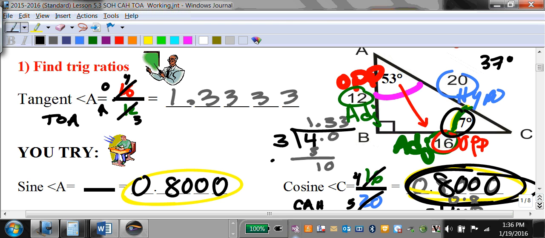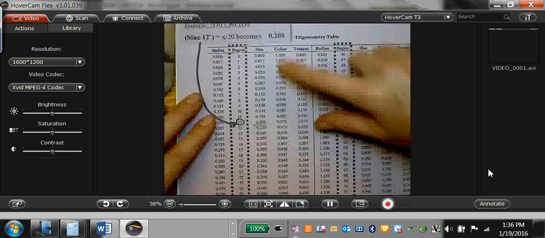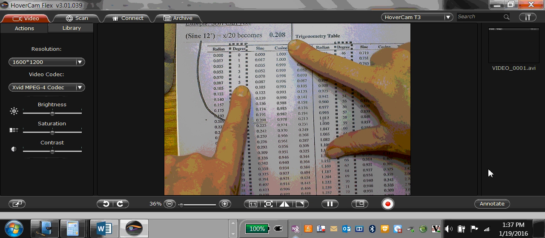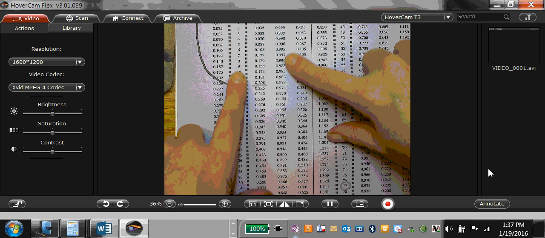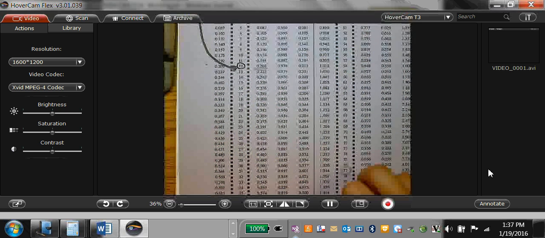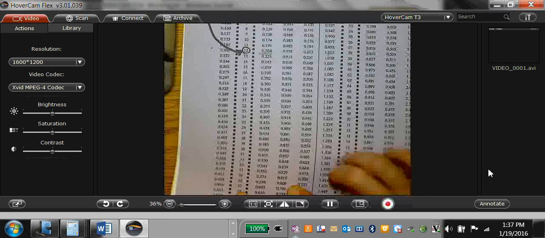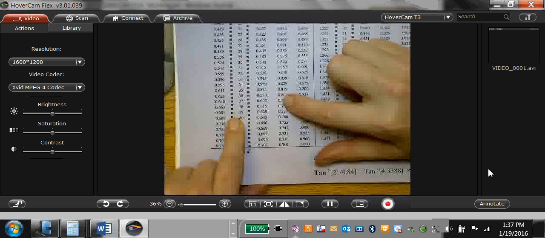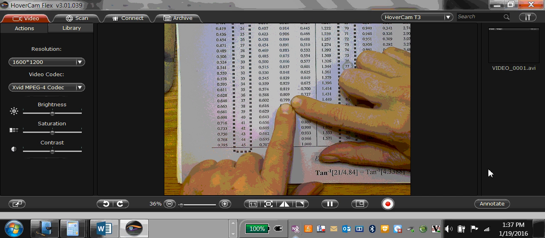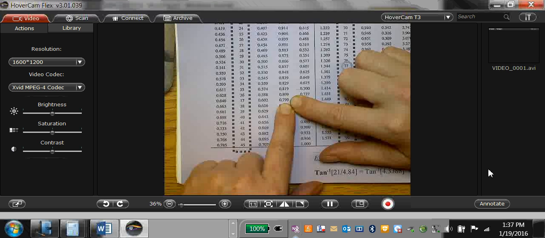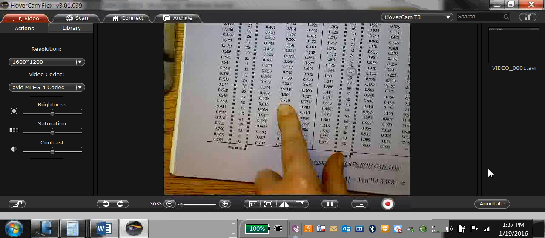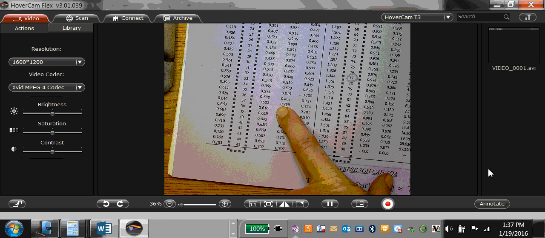Look at the cosine column, and there's degrees. Walk it down until you find 37. And in my chart, that comes to 0.80.